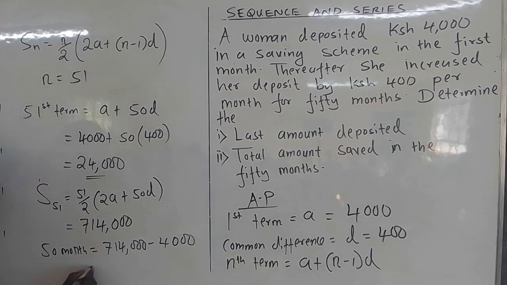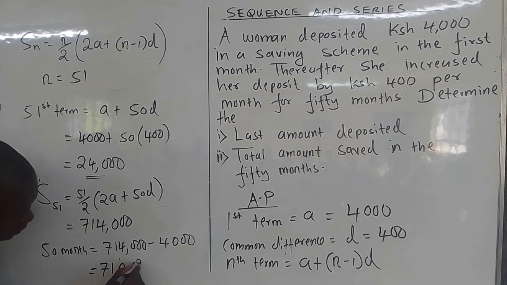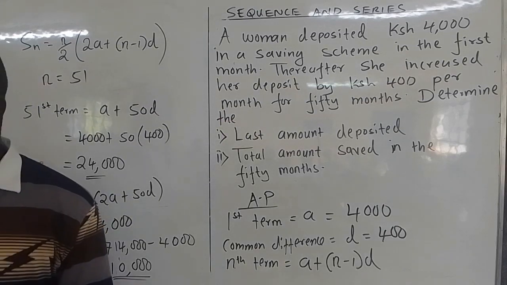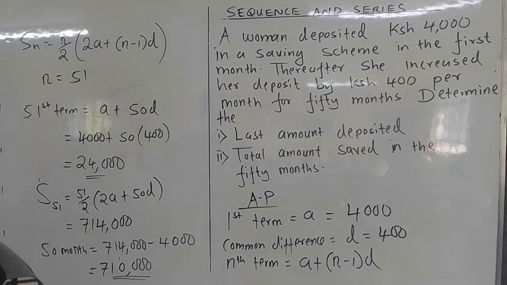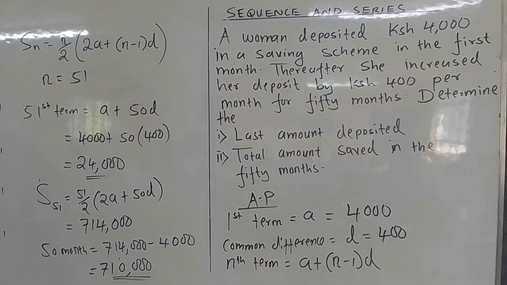Which is 710,000. Just like that, isn't it? So you see, these questions are very unique in a way. It is not that sequence of series from form 3 where you just move like this. It is very unique in a way, isn't it? Good.